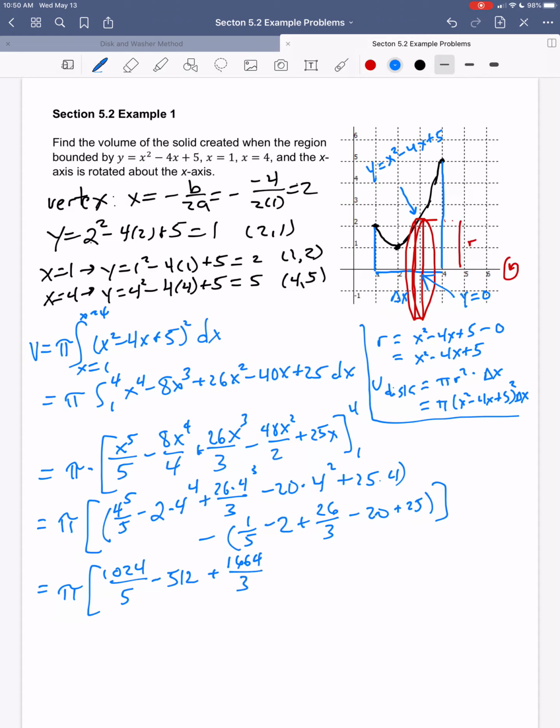And then we get 20 times 16, so that's minus 320. And then plus 25 times 4, plus 100. And now I distribute the negative, I get minus 1/5, plus 2, minus 26 thirds, plus 20, minus 25.